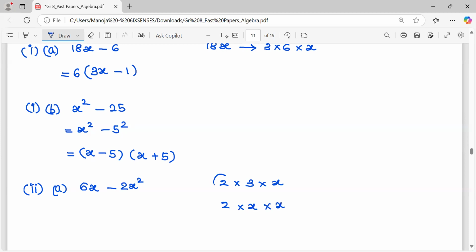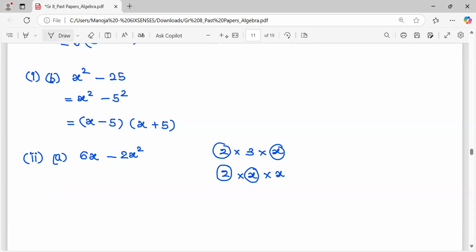Now you can see 2 is common and x is common. Therefore, I take 2x out. Then I have 3 minus x. 2x times 3, 6x. 2x times negative x, 2x squared.